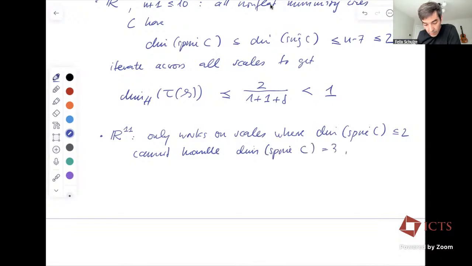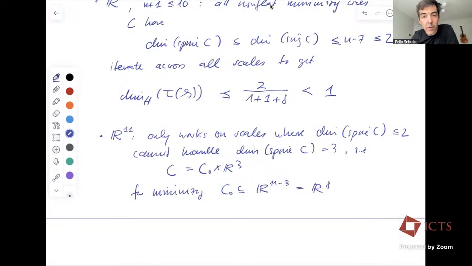I.e., what do we get? In this case, the problem is that C is C0 cross R^3. So what do we know then? For a minimizing cone C0 in R^(11 minus 3), which is R^8. This is exactly what I just said. Then we have problems, because then we're borderline.